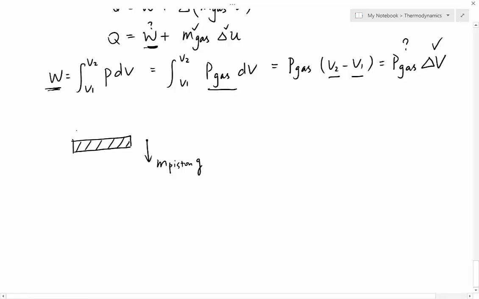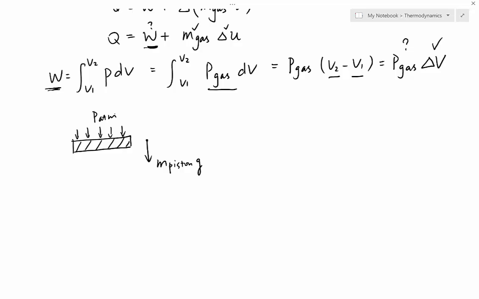Second force, let's recall you do have pressure coming from the atmosphere acting on the surface, and the direction is going down. Pressure gives you a force. Pressure multiplied by area is equal to force.